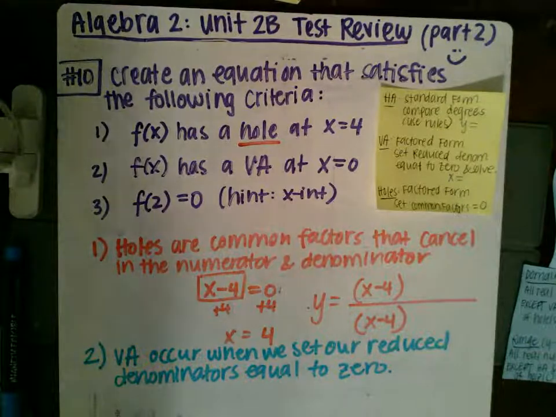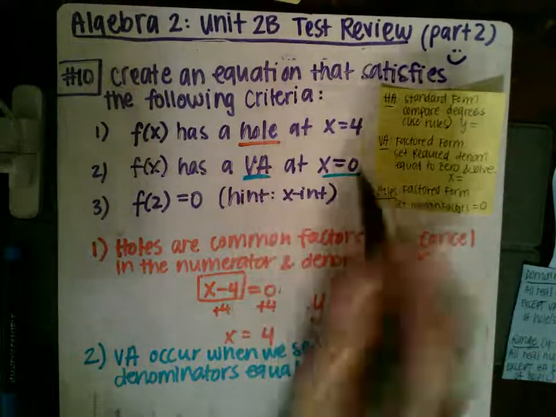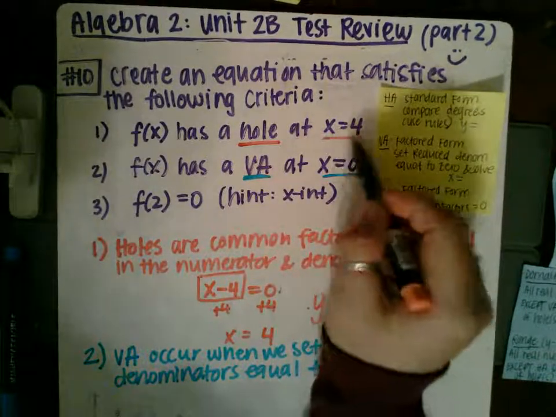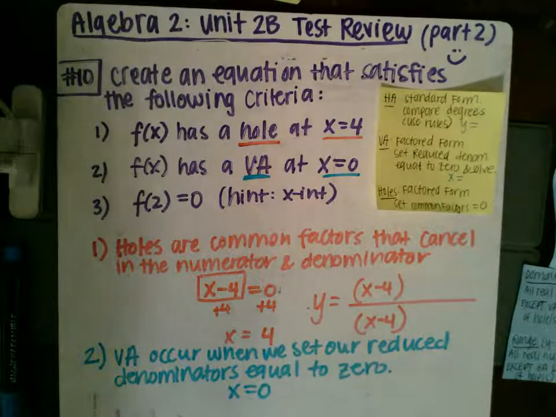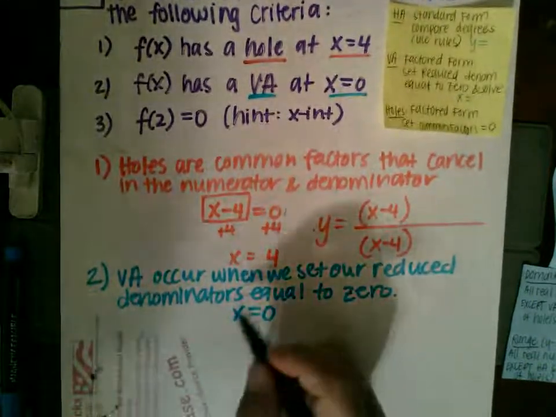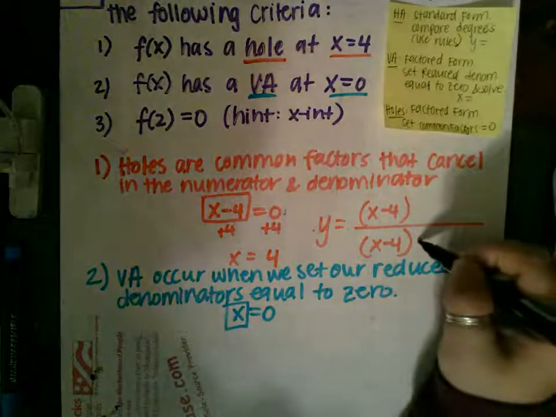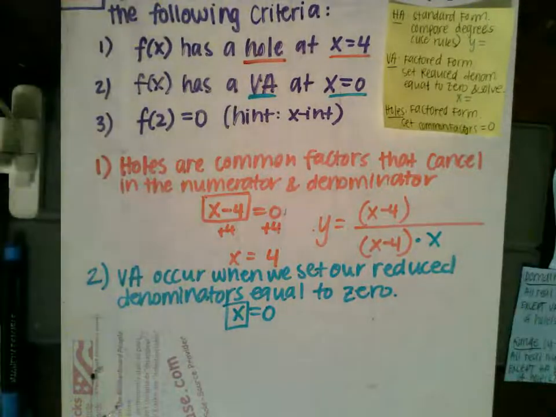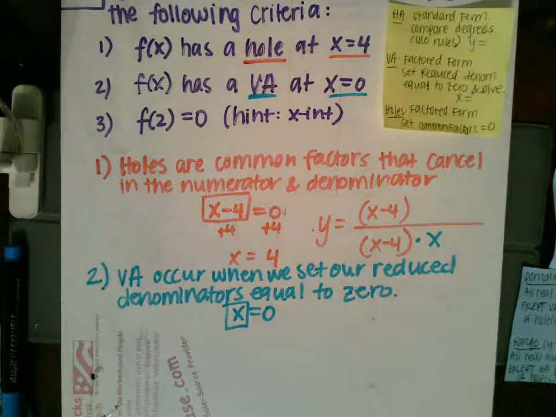So we have a vertical asymptote at x equals 0. To find the factor, I just set x equal to 0, and my factor is just x. My factor is just x, and that goes on my denominator. So I'm starting to build my equation here.